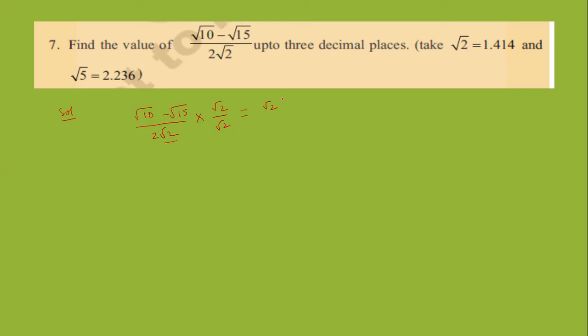So simply you write root 2 by root 2. Now you multiply the numerator by root 2 into root 10 minus root 15. In the denominator, 2 into square root of 2 into 2. Two equal factors under the square root symbol, we take 1.